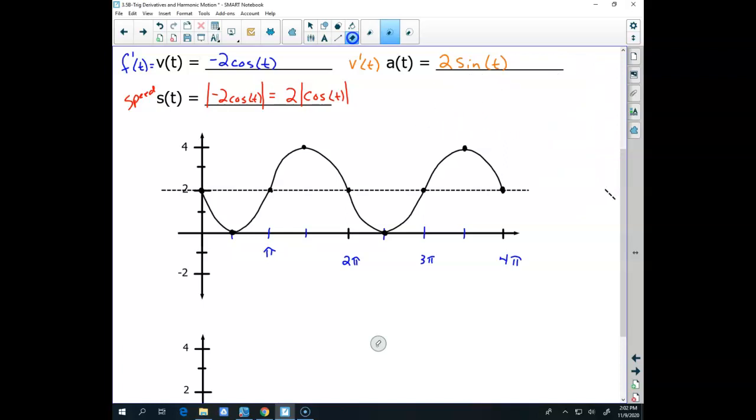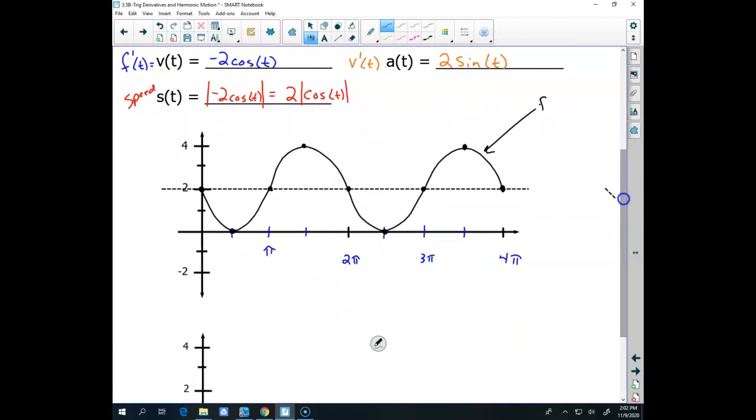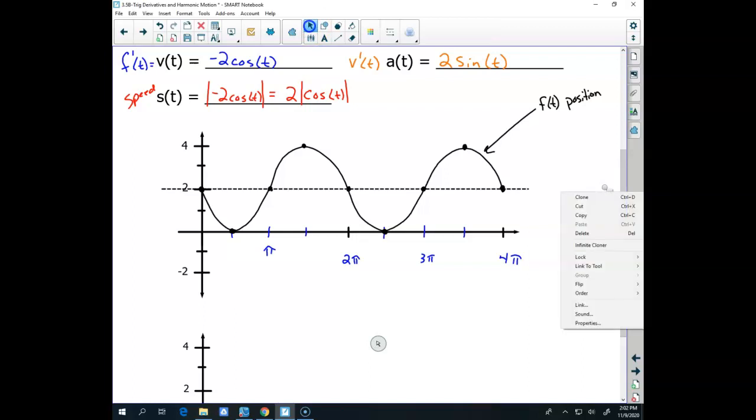That's just stuff you guys are supposed to know and remember and love. So that is my f of t, which is position or displacement.